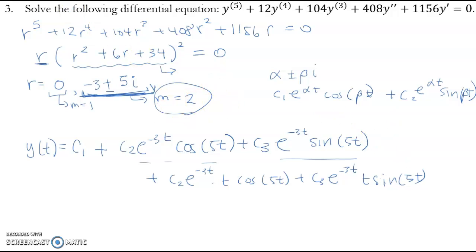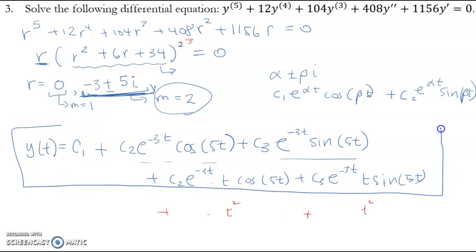Again, if this had a multiplicity of 3, which would mean that if this was 3 instead of 2, then we would just add 2 more terms using t squared as the added variable, and everything else would be the same. Okay, so for us, this would be the solution for number 3.